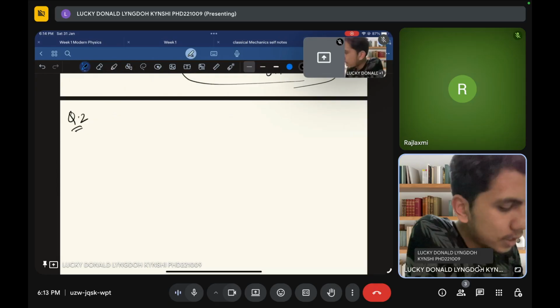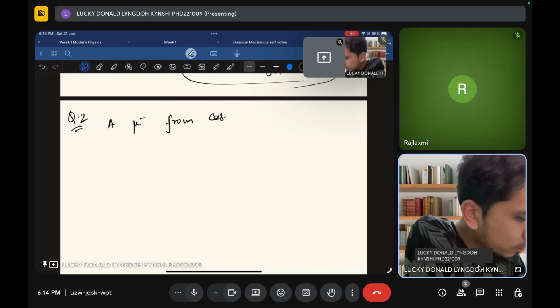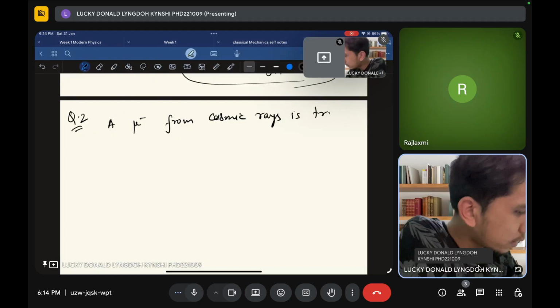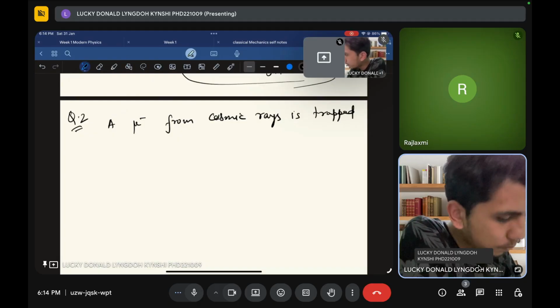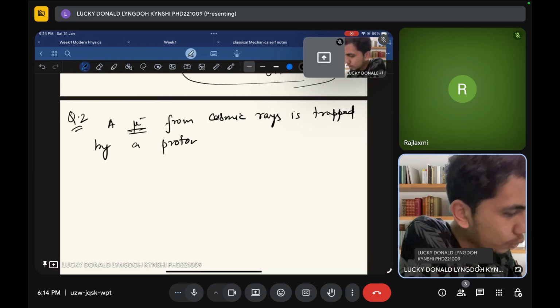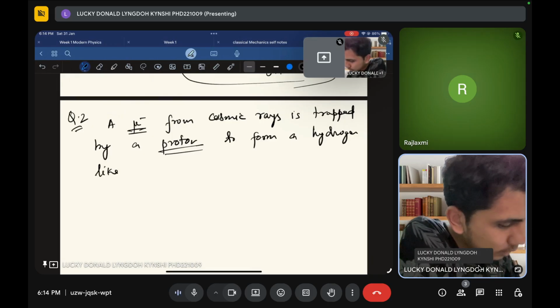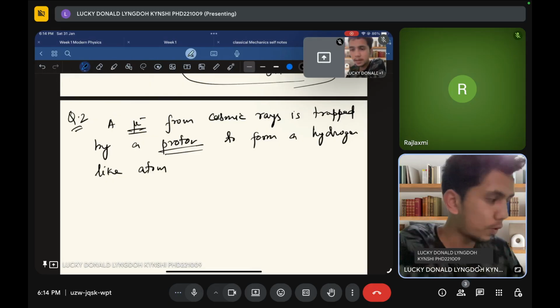What happens is that a muon from cosmic rays is trapped by a proton to form a hydrogen-like atom, right? To form a hydrogen-like atom.